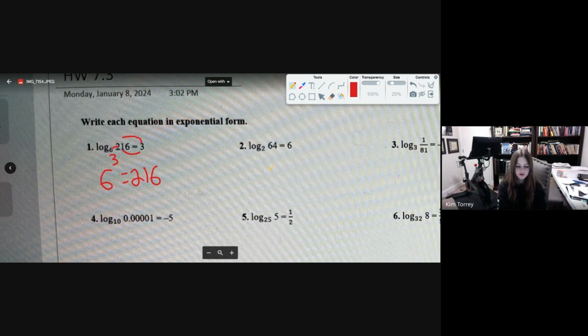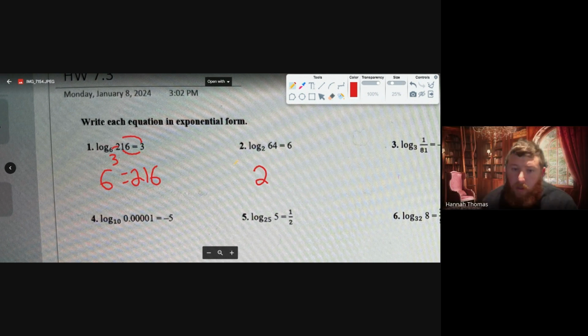So for number 2, the base for the log is going to become the number you start with.